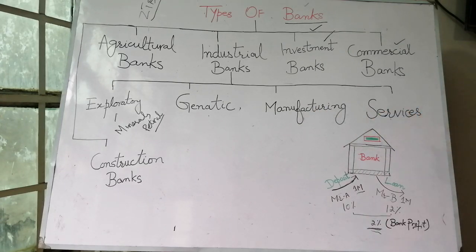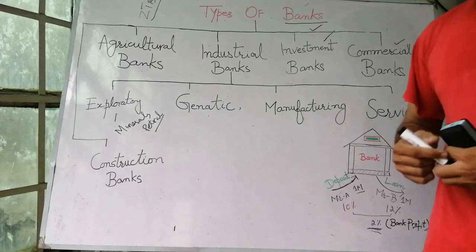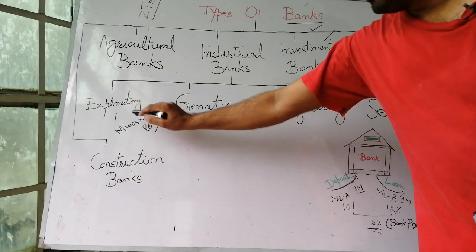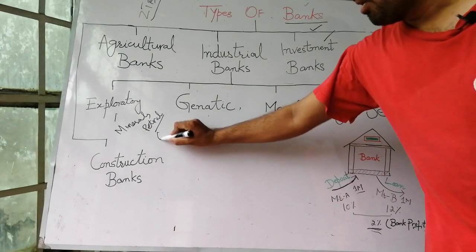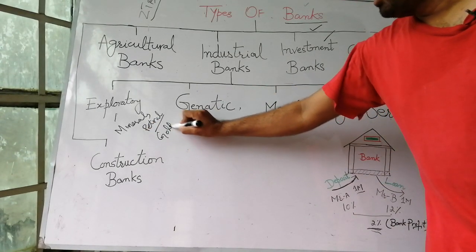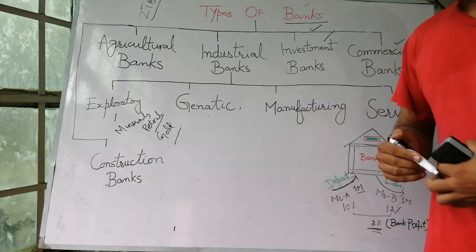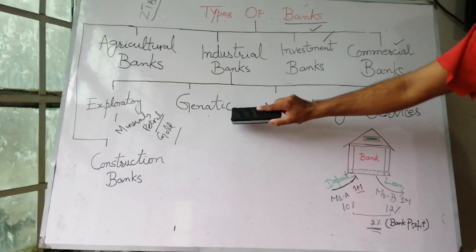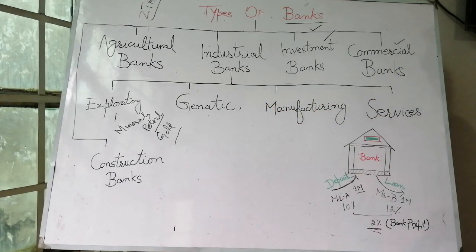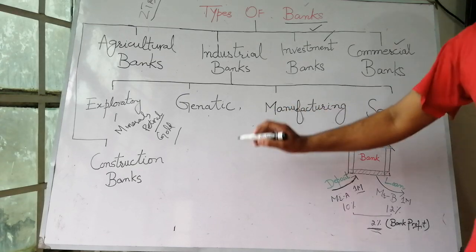Exploratory means which explore minerals, like petrol, gold, coal, salt, and these types of things. They are known as exploratory industries. Then genetic industry means which deals with living things.